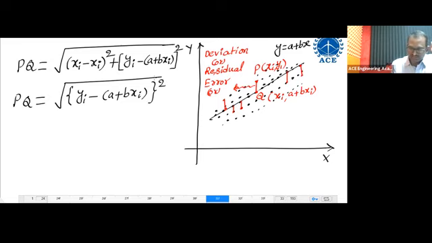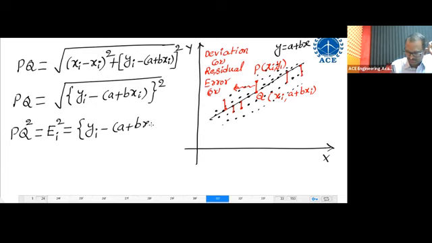To eliminate this square root, squaring on both sides. PQ means what? Error. The error value at the ith point we have calculated, that's why it is denoted by Ei. So squaring on both sides, PQ whole square is equal to Ei whole square is equal to yi minus of a plus bxi whole square.